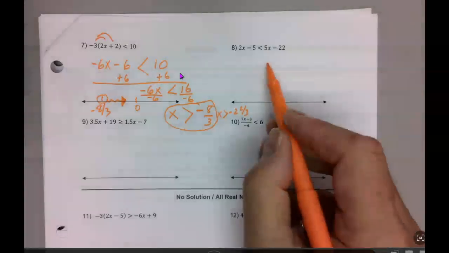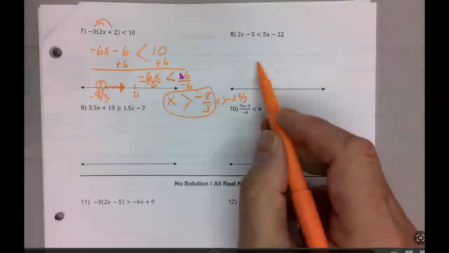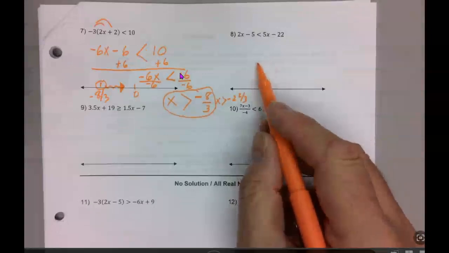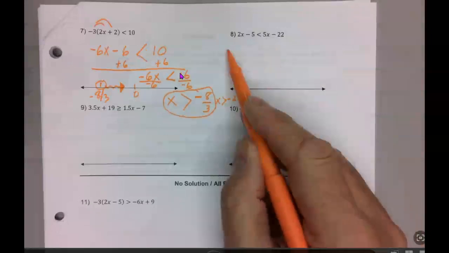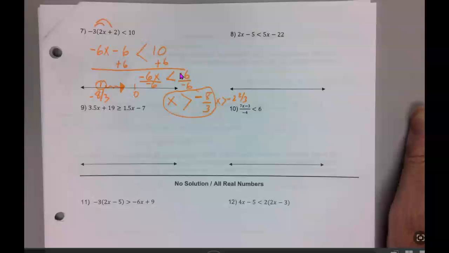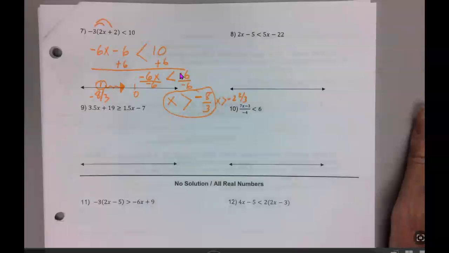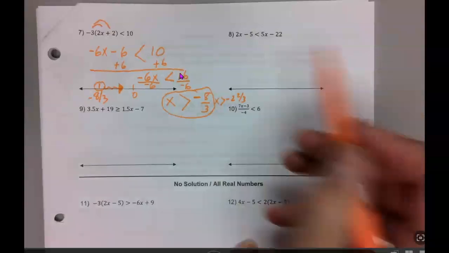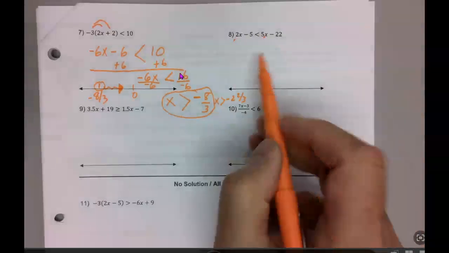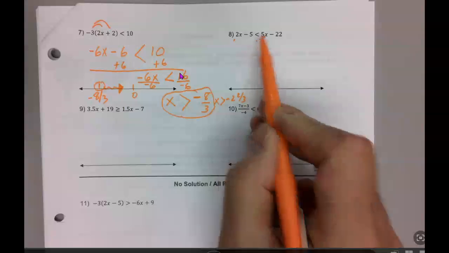This one here, I like to get all the variables on one side. So I first like to do the x's. How am I going to get this 5x over here? What sign's in front of it? Plus, so I'm going to minus.